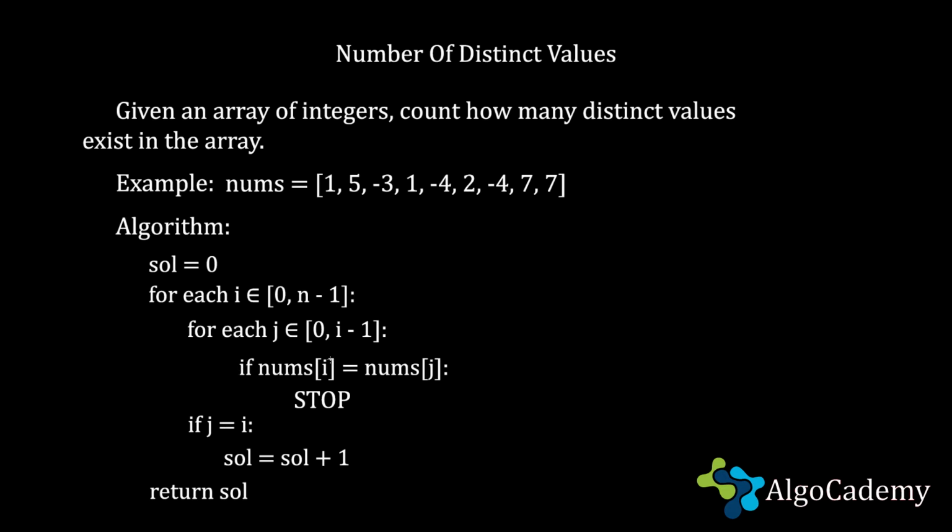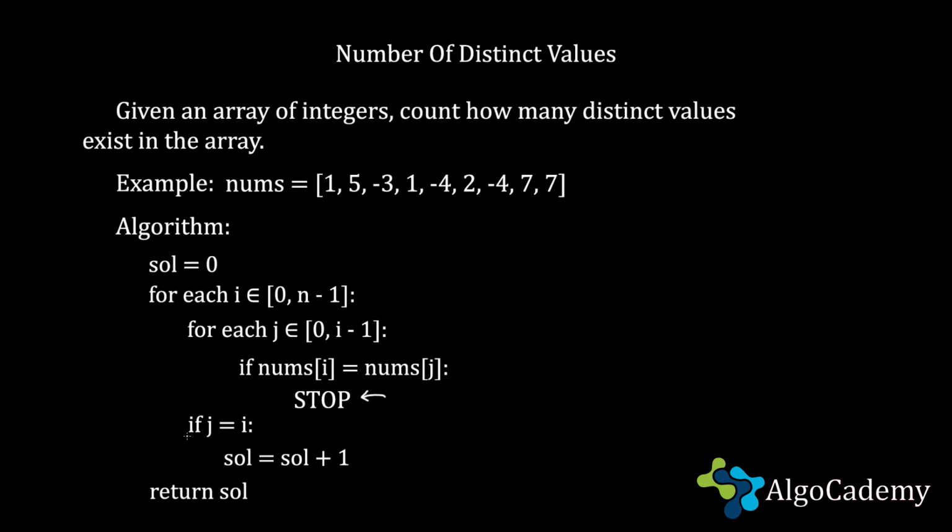So either when j becomes i, and we've gone through all the values on its left and found none of them to be equal to nums of i, or the second scenario is this one, when we exit the loop here with the stop or the break, which means that we have found an element on the left of nums of i with the same value. This is exactly why I check this, if j equals i after getting out of the for loop.